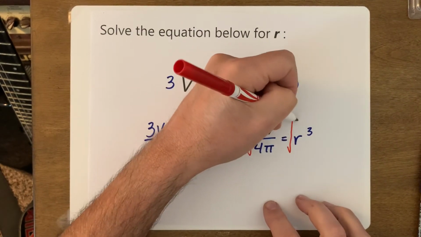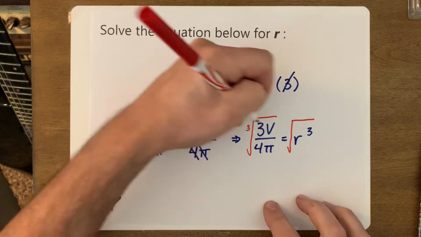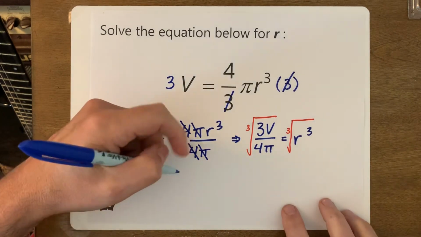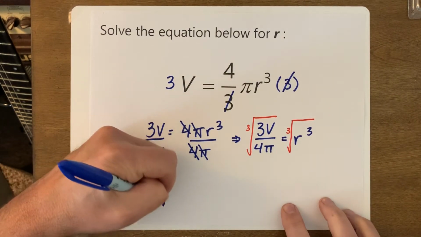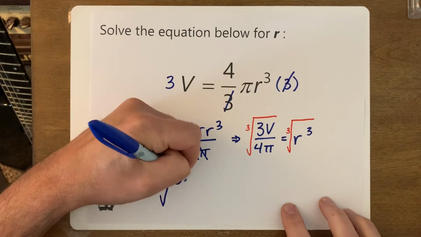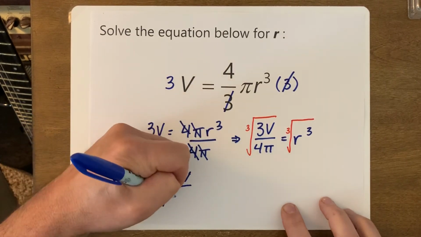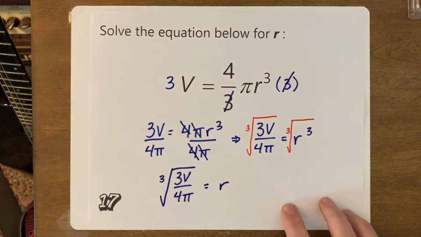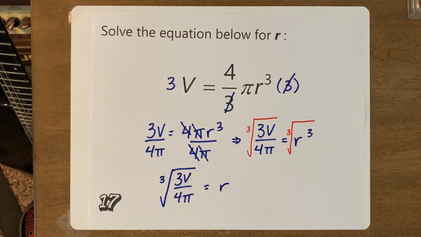They are inverses. And so we put a little 3 up here, and that's the index. And so now we have the cube root of this whole thing, 3v over 4 pi is equal to r. And that would give us the radius of that sphere when we have the volume given to us.